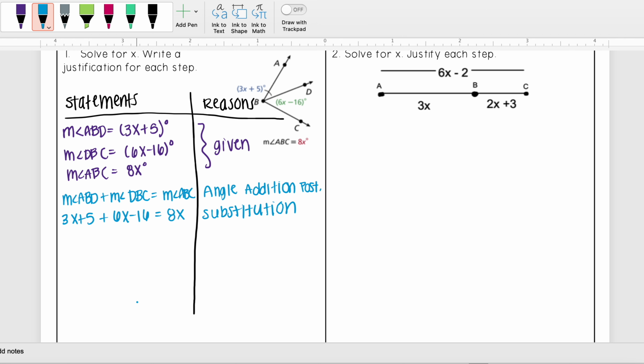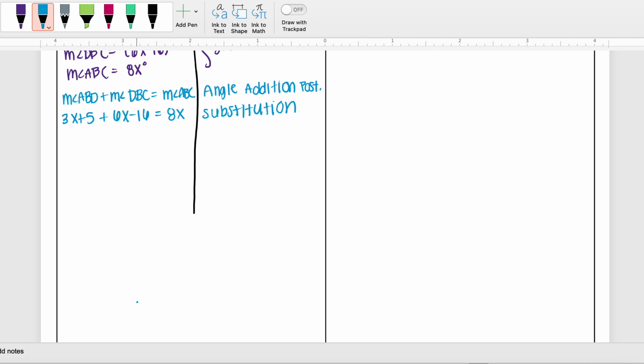Now this is going to look just like our algebraic proofs because from here all I'm doing is solving. So my first step here is I'm going to go ahead and combine like terms. So 3x plus 6x, I get 9x. 5 minus 16, I get minus 11. What was my reason? Well, I combined like terms.